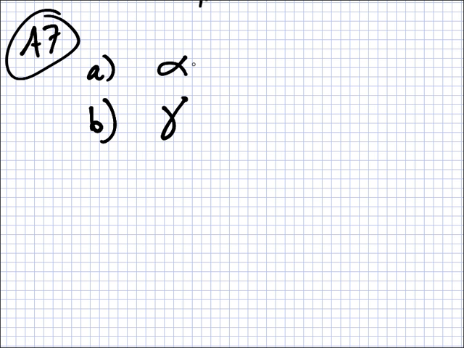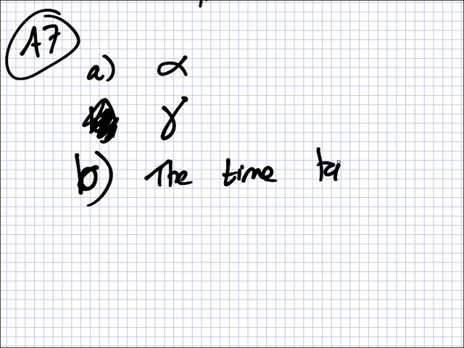What's the next part? Now it's D. Define the term half-life for a radioactive isotope. Do you remember half-life? It's the time taken for, go ahead, what are you going to say?